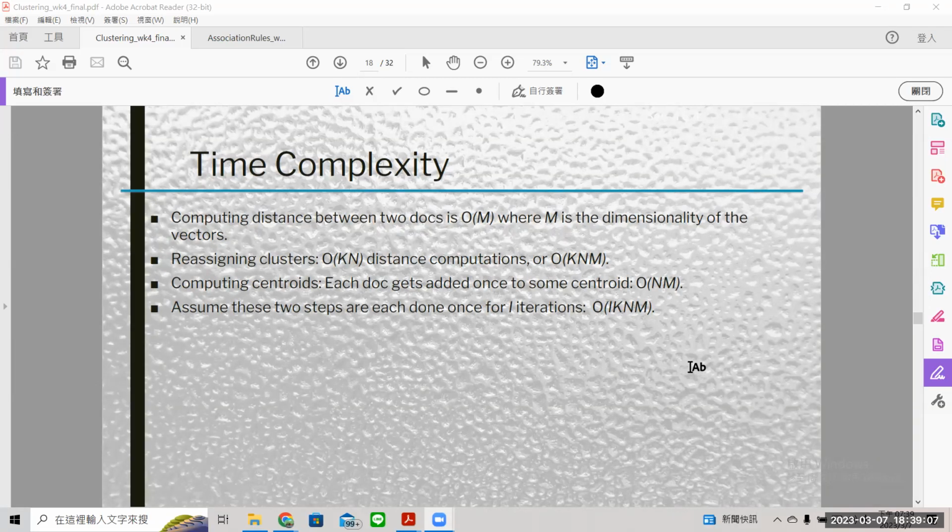Tonight, the data set I show you is smaller. So later, if you are running a real project and you have big data, you will face a problem like this, about the complexity.